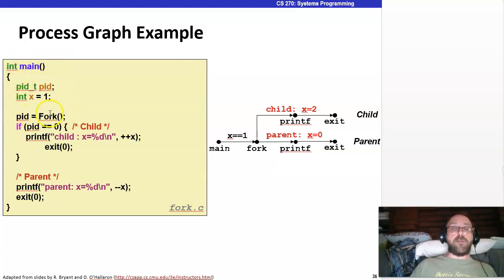Main had to start before fork could. Fork now returns twice, once to the child and once to the parent. So in the child, we will do this increment, x will become 2, we'll call printf, get our message, and exit. In the parent, we will do this decrement, x becomes 0, we call fprintf, and then we exit.